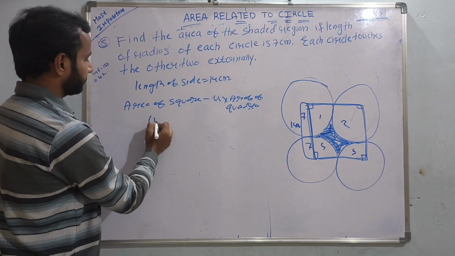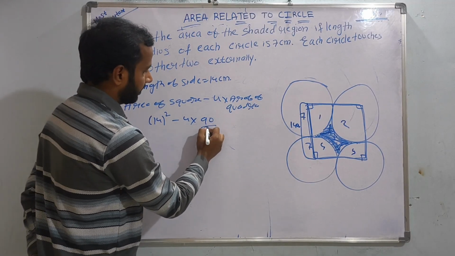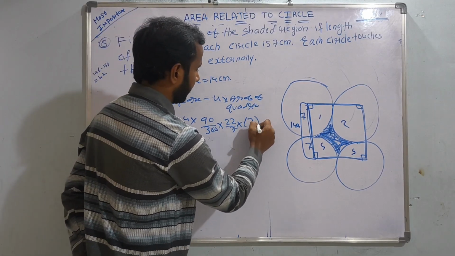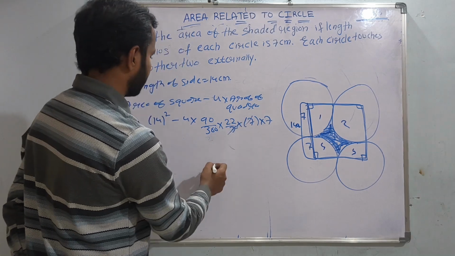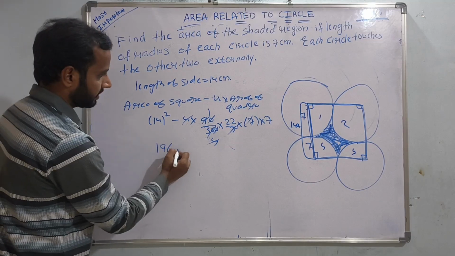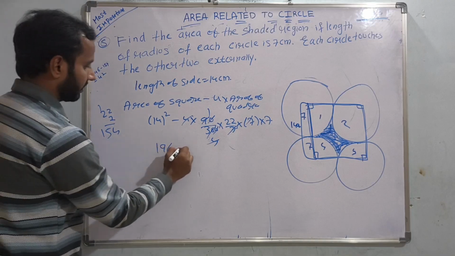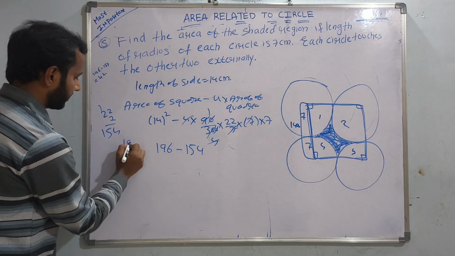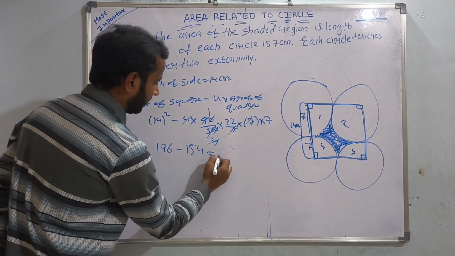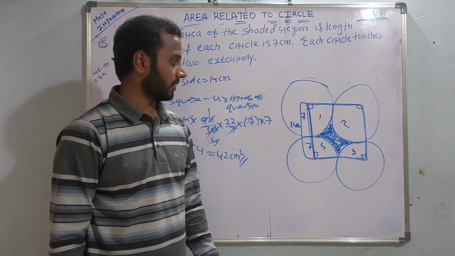Area of square is 14 square minus 4 into the area of quadrant, whose formula is 90 by 360 into pi r square, that is 22 by 7 into 7 into 7. 7 will cancel. 4 into 4 will cancel. 14 square is 196 minus 22 into 7, which is 154. 196 minus 154 will be 42 centimeter square. Area of the shaded region is 42 centimeter square.